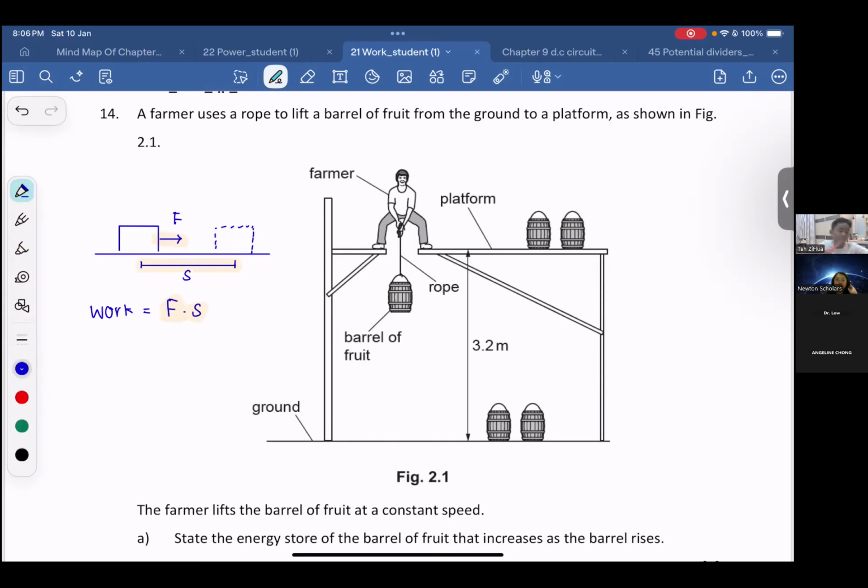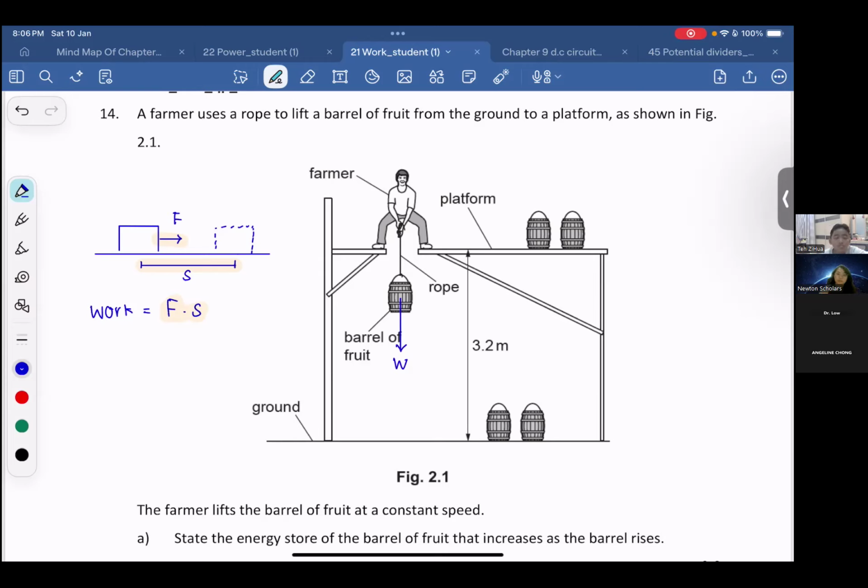They can be in horizontal or vertical, it doesn't matter as long as they are parallel, in the same direction. For this case, the keyword here is lift. We know that this object, the fruit, has a force pointing downward called weight.